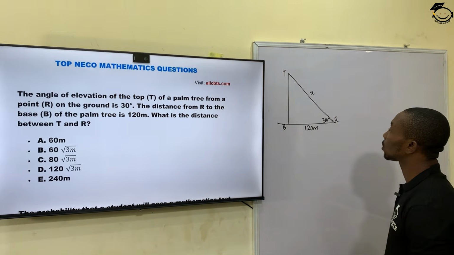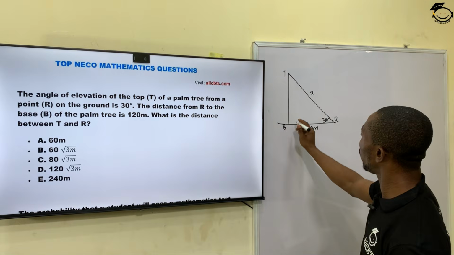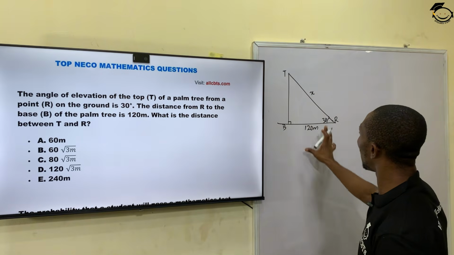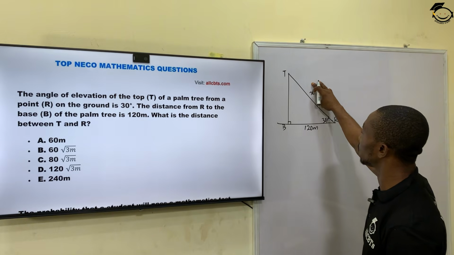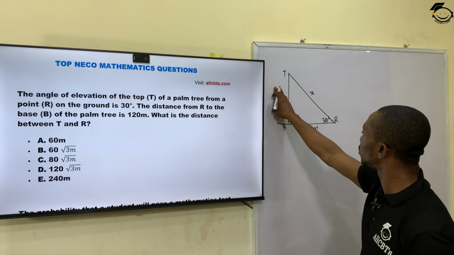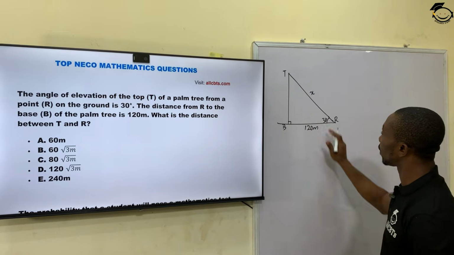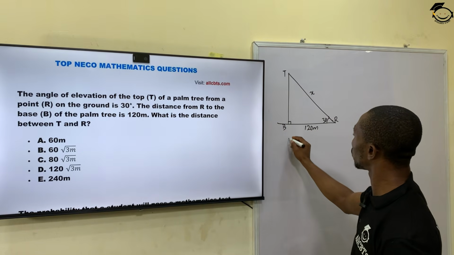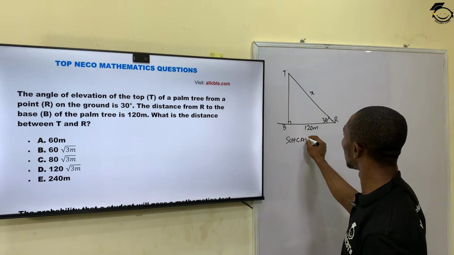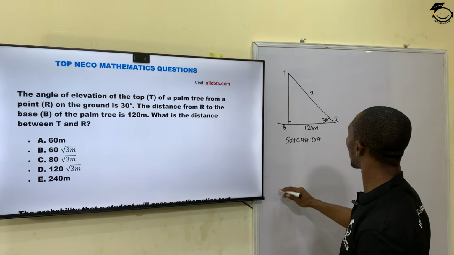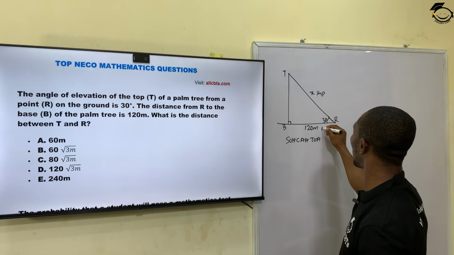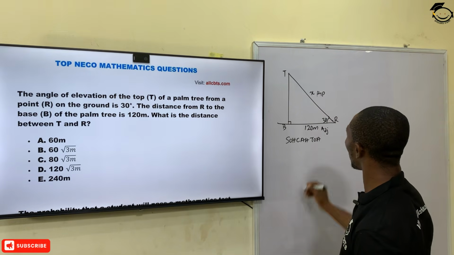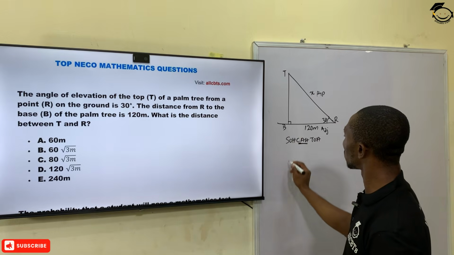All right, in order to find X, we already know that this has formed a right angle triangle, and this acts as our hypotenuse, our adjacent, and opposite. So for this, we are going to apply our SOHCAHTOA. Since we are looking for x, which is our hypotenuse, and we have adjacent, we are going to use our cos.